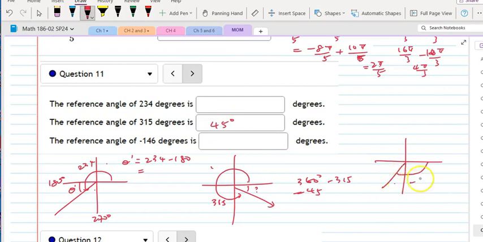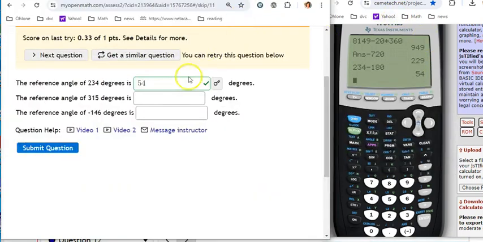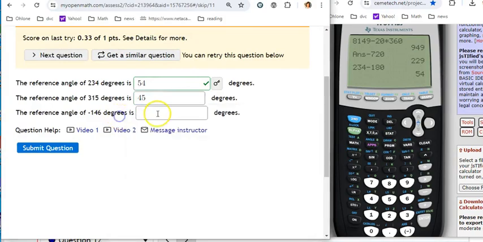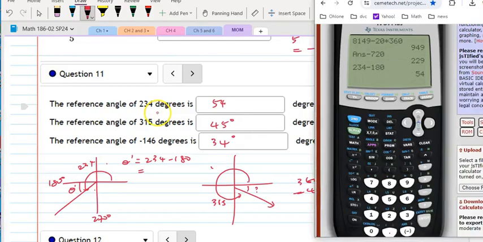So this is negative 146. It would be this angle, so it's 180 minus 146. That is 34. Although it's negative, we always say positive. The answers are 54, 45, 34.